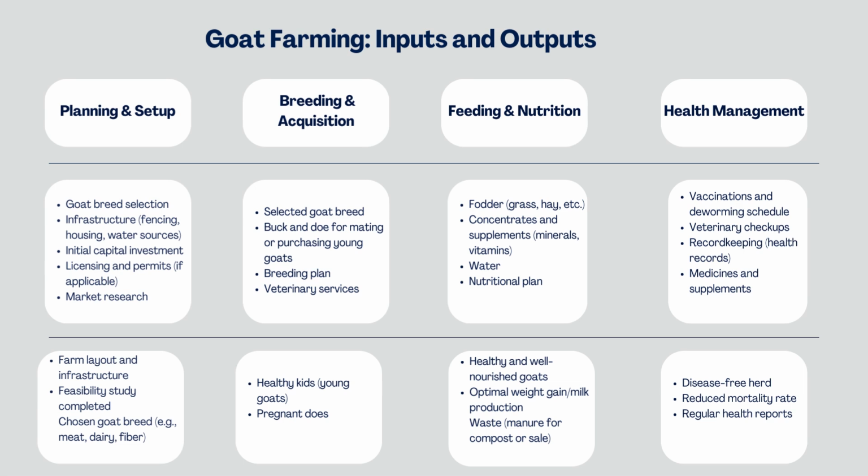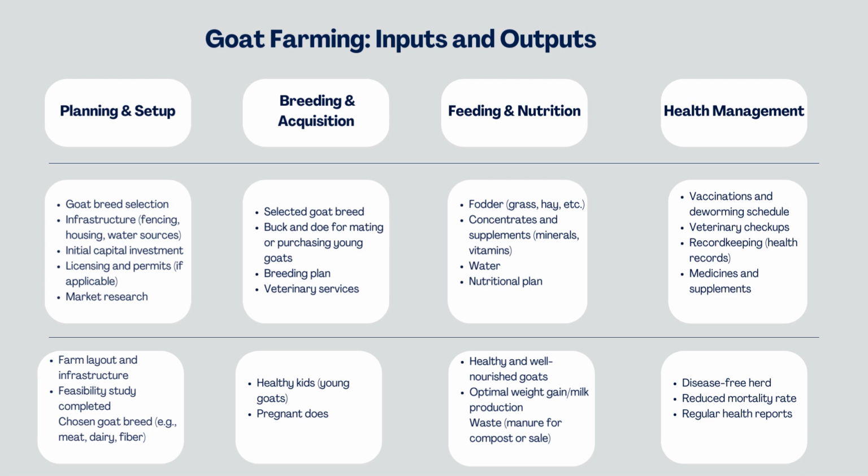When we go to breeding and acquisition, inputs might look like select goat breed, buck and doe for mating or purchase young goats, a breeding plan, and veterinary services. And the output of that process would be healthy kids, young goats basically, or pregnant does.